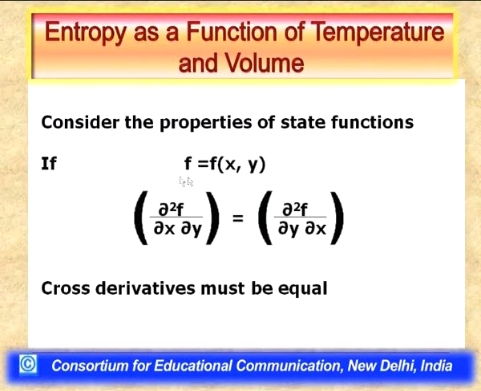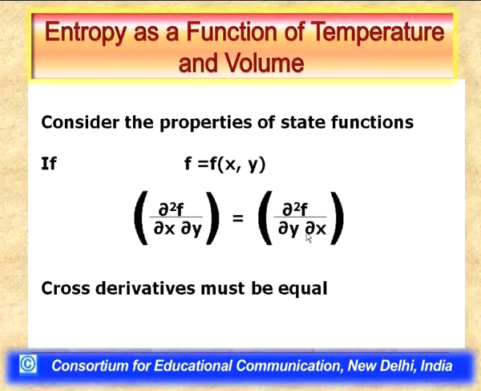Just have a look. If we consider a state function f, then its second derivative with respect to the two different variables with respect to which that function is being differentiated, the cross derivatives are the same. We also covered this aspect in our second lecture. I have written the formula which we had proved, that is, del square f by del x del y equals del square f by del y del x.